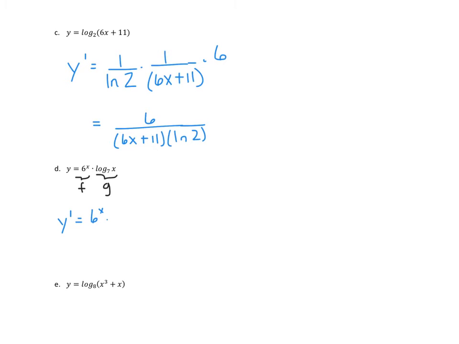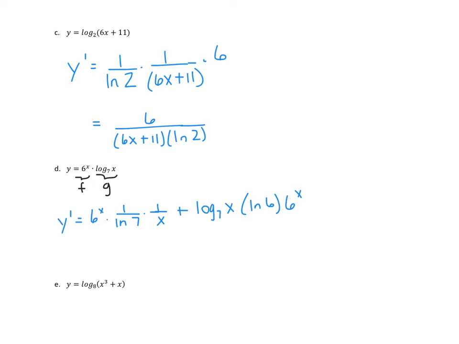Taking the derivative of that is going to be 1 over natural log of our base 7 times 1 over x, plus the second function g, log base 7 of x, times the derivative of f, our first function. So the derivative of 6 to the x is natural log of 6 times 6 to the x.